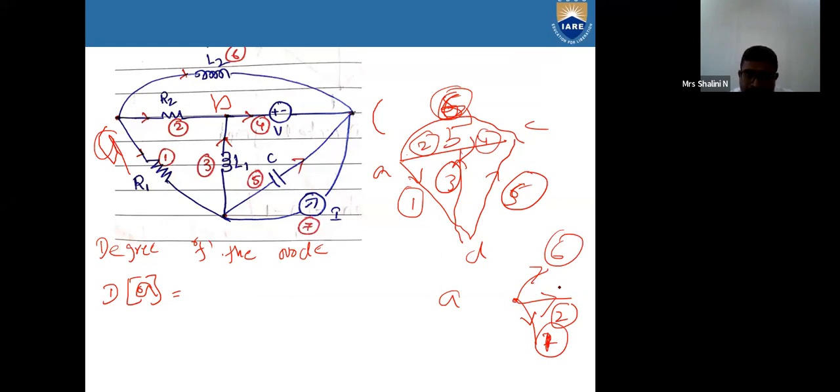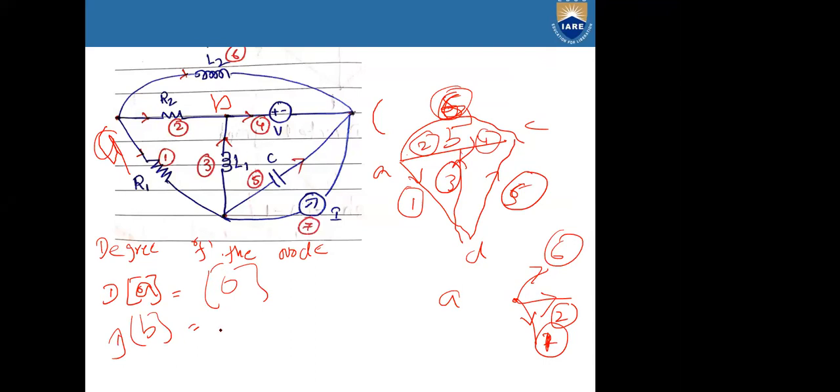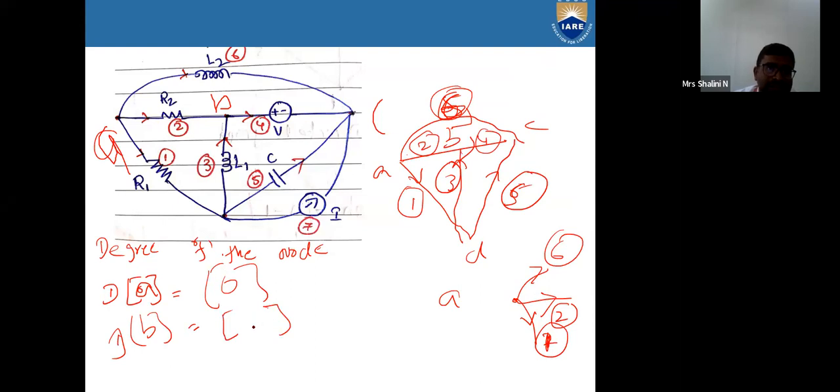All the elements are away from the node, so the degree of the node A will be 0. Remember. Tell me, what is the degree of the B node? 1. That is nothing but how many elements are coming into the node. That is the degree of the node.